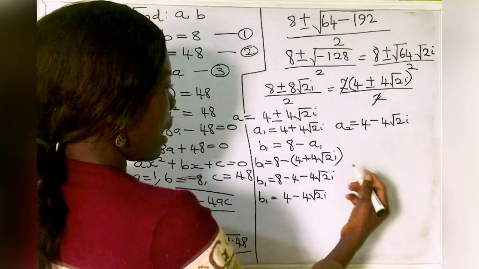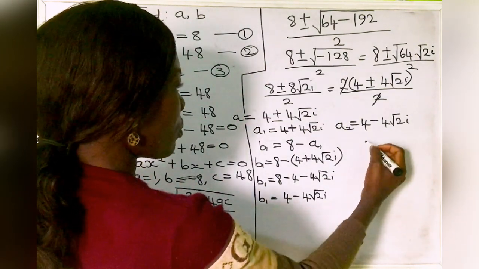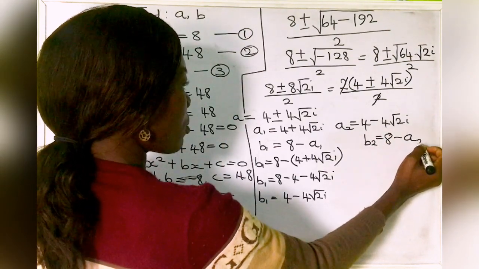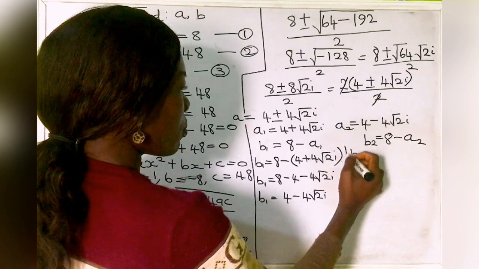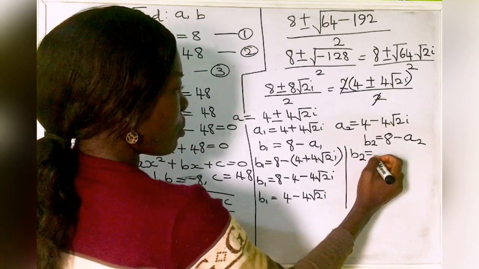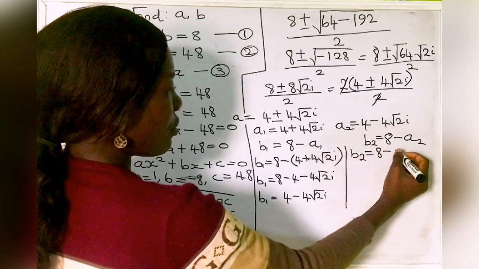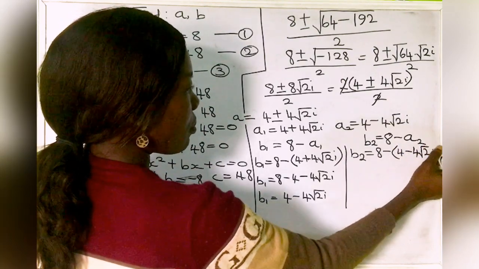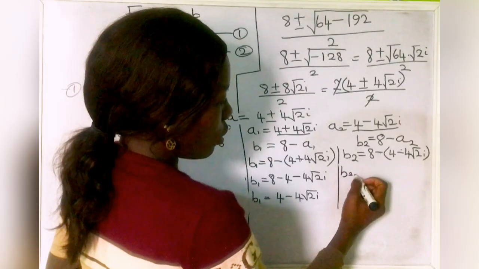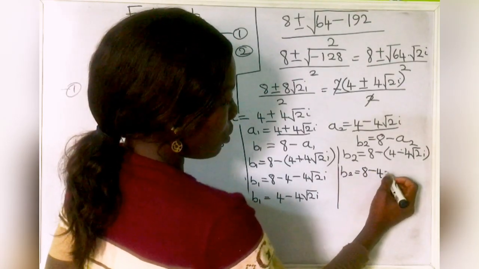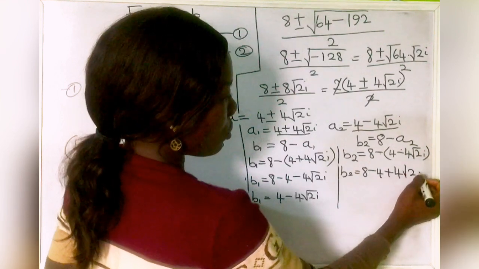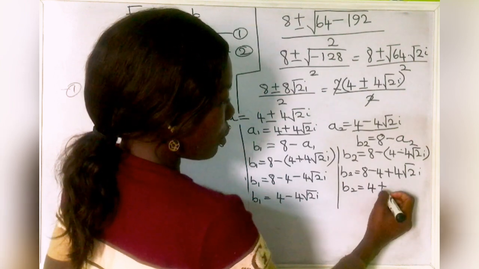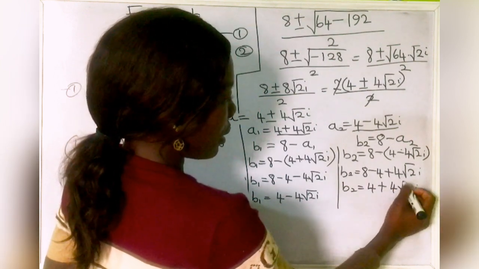Now let's get our b2. Our b2 would be 8 minus a2. So b2 is equal to 8, what is our a2? You have 4 minus 4 root 2i. b2 becomes 8 minus 4 plus 4 root 2i. b2 then is 8 minus 4, we have 4 plus 4 root 2i.